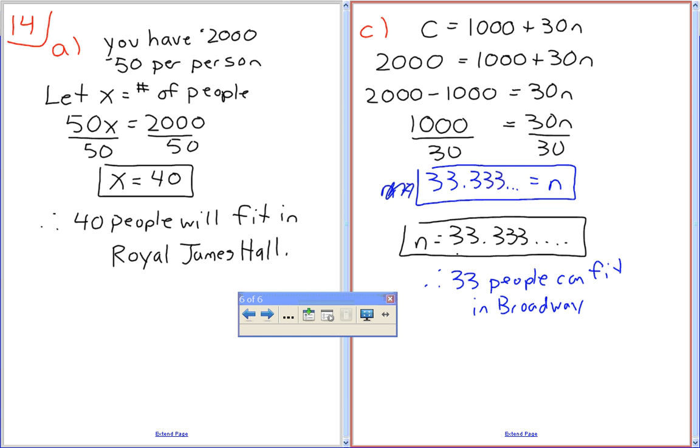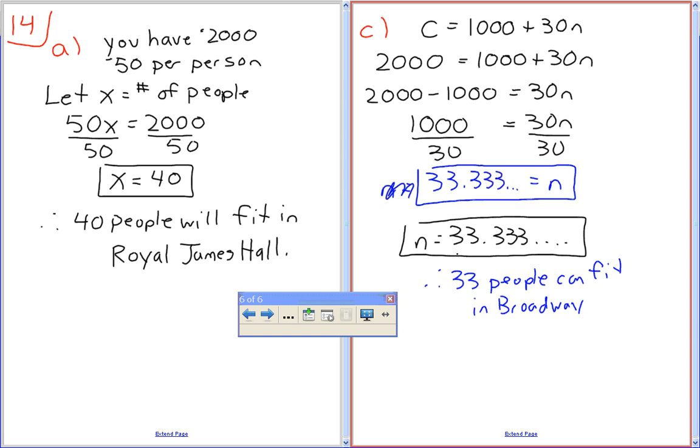So basically what happens is for 33 people, you're a little bit under 2,000. For 34 people, you're a little bit over 2,000. So 33 people would probably be like $1,990, and 34 people would be like $2,020, right? So just a little bit over.